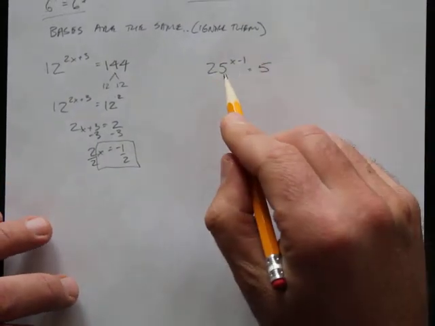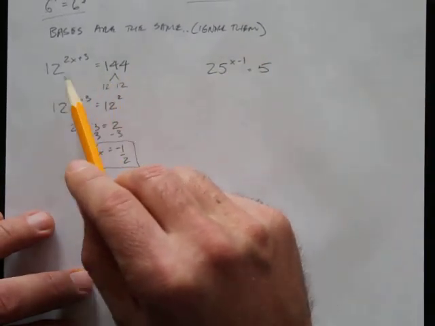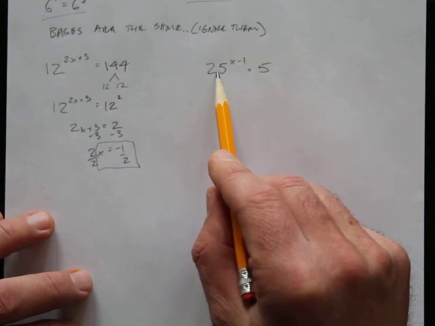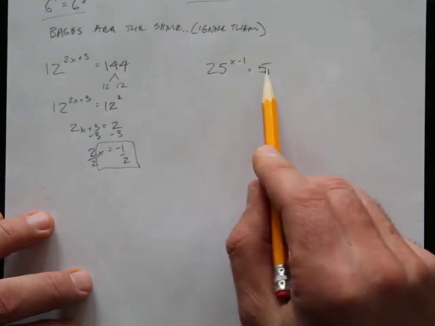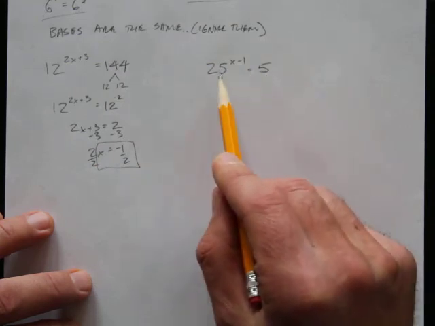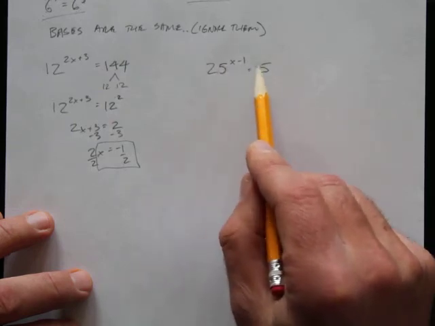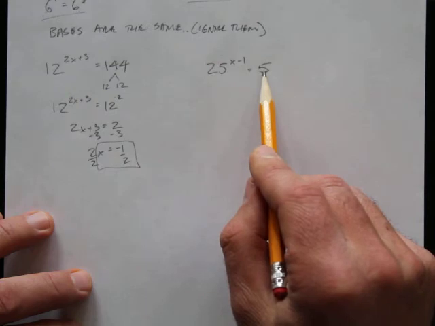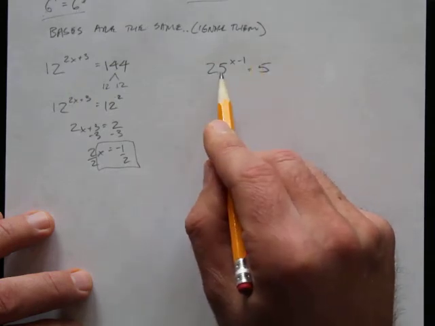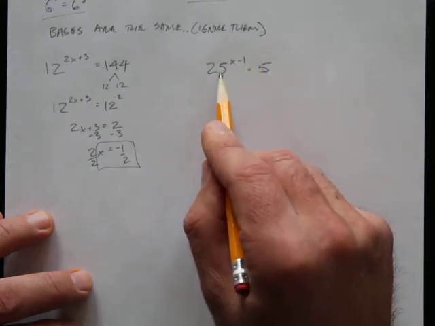Now this one is a little bit uglier than this one here. I want to make this base the same as this base, or this base the same as this base, either one. I find it a little bit easier to go from the big one down to the smaller base. So 25 is 5 squared, right?